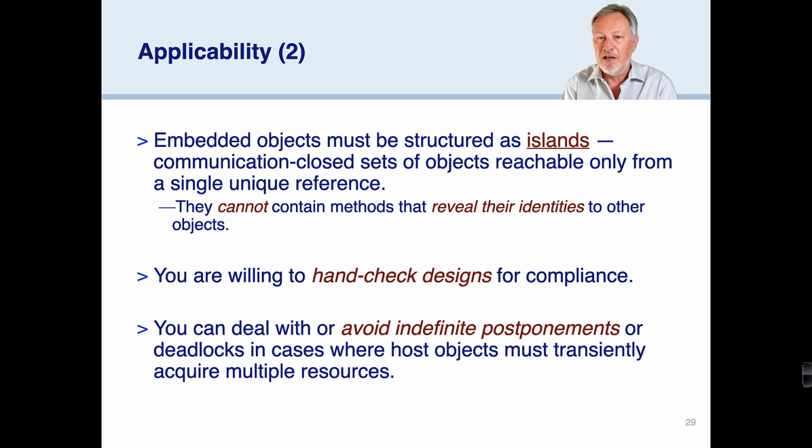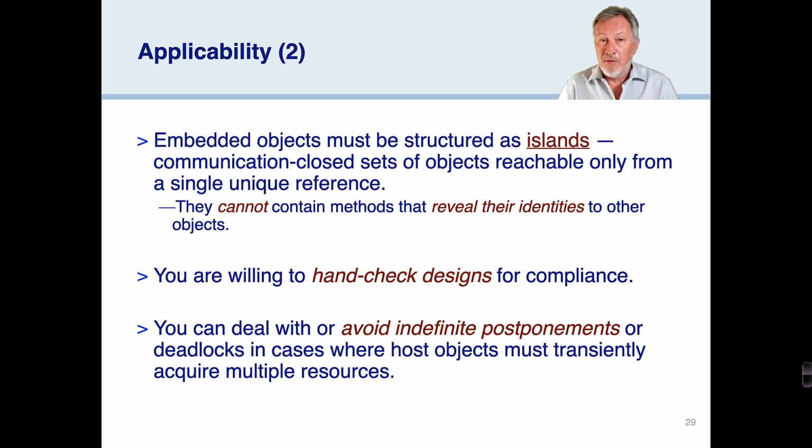They cannot contain methods that reveal their identities to other objects. If by some accident I can somehow through the back door get access to it, then suddenly we have two threads accessing that object. We don't want that. That's why these objects have to be islands. In particular, either you have it or I have it. We can't both have it, even parts of it.